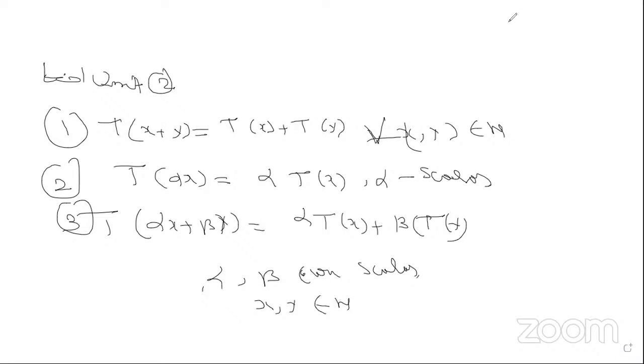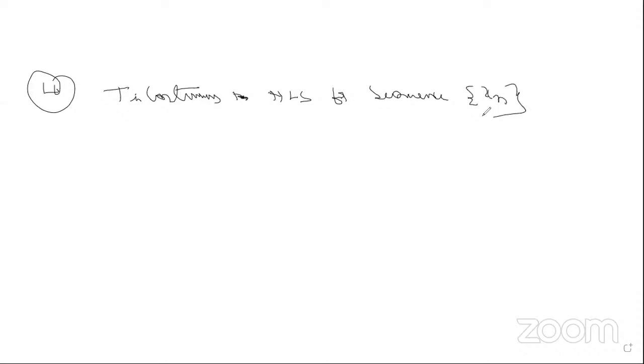What is the fourth property? The fourth property is that T is continuous in the normed linear space: for a sequence xn, if xn tends to x, that implies T of xn tends to T of x.